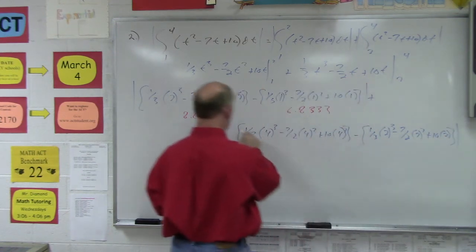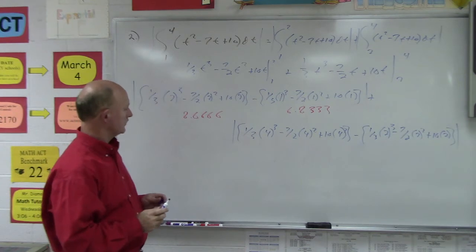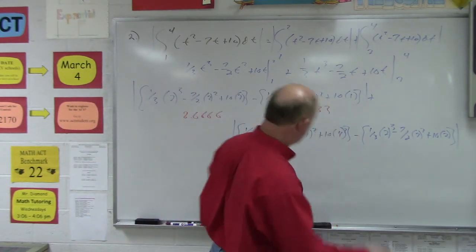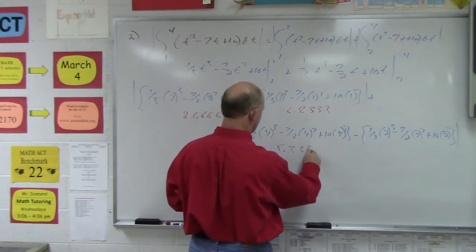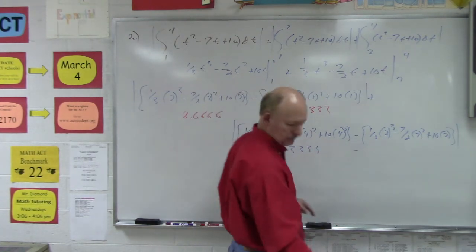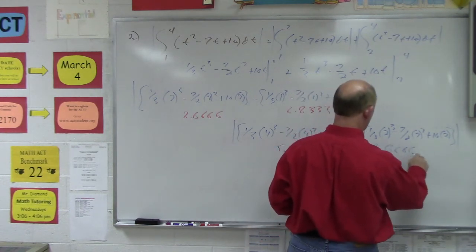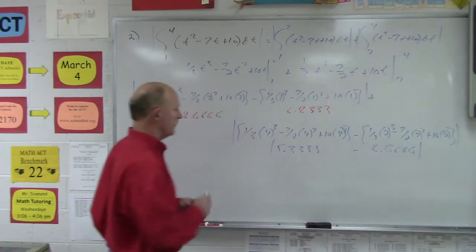And once again, we'll take the absolute value of all of that, which I've already done, and we get 5.333, minus 8.6666, and the absolute value of those, right?